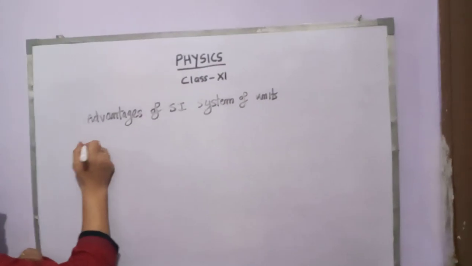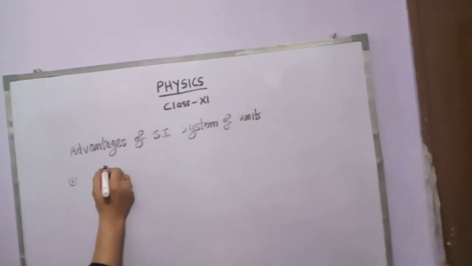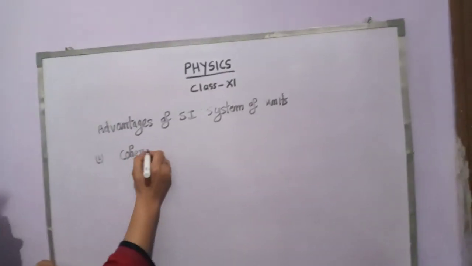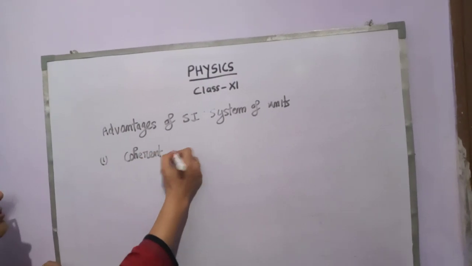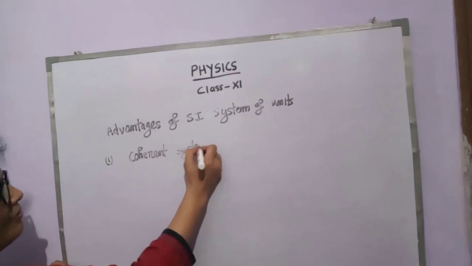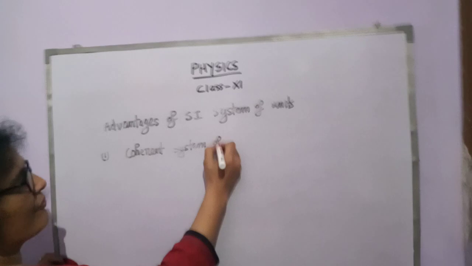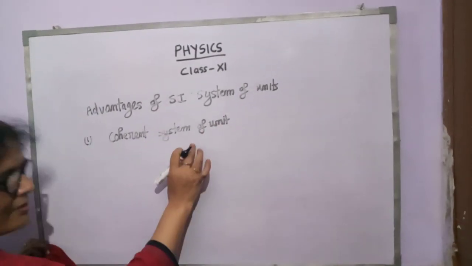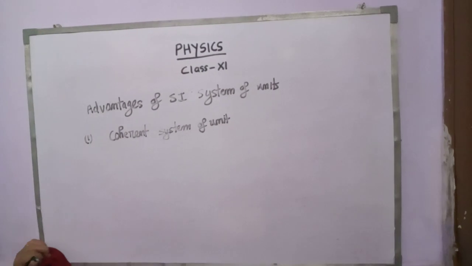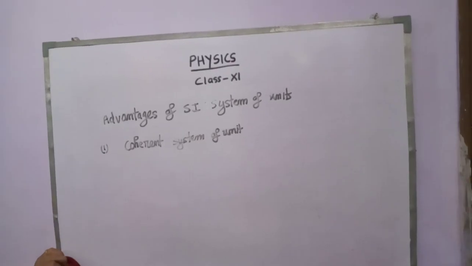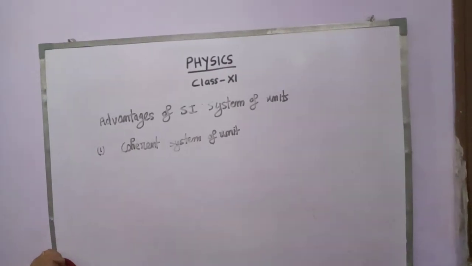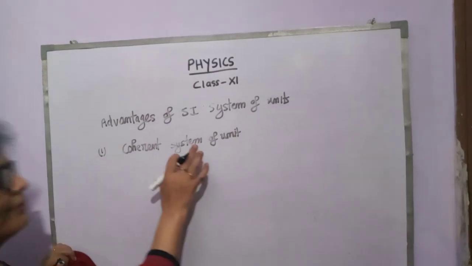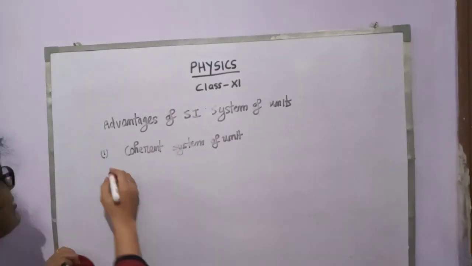Number 1, it is a coherent system of units. What do you mean by coherent system of units? That means this SI system is based on some fundamental units and the units of all other physical quantities can be determined from those fundamental units.